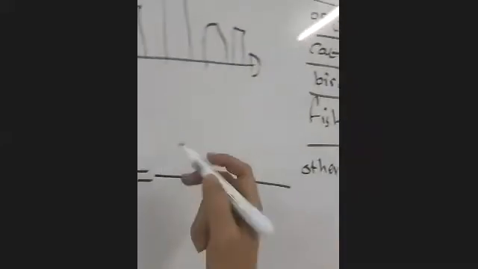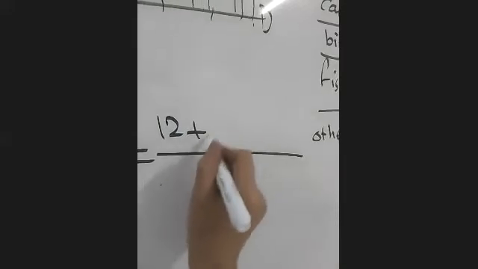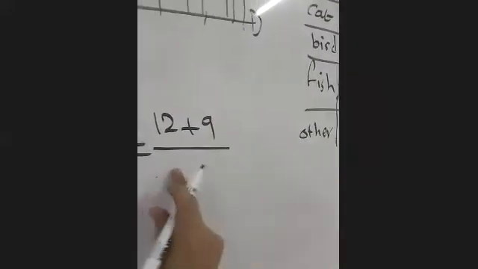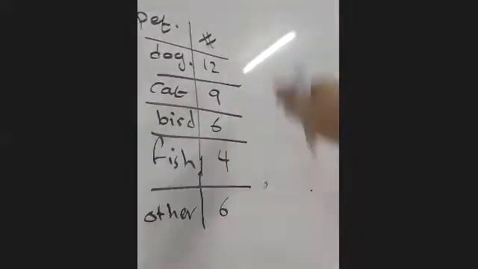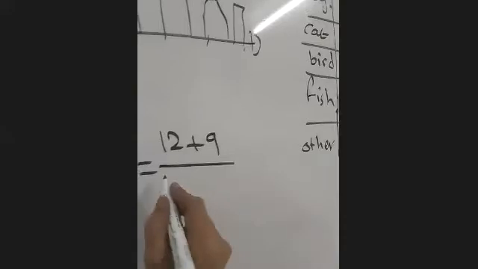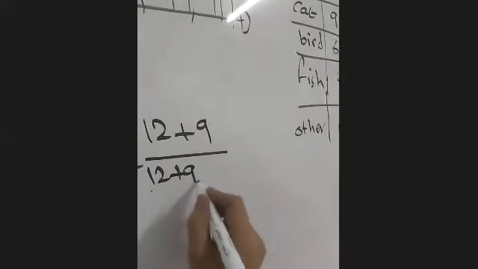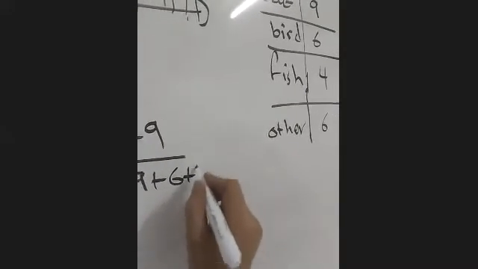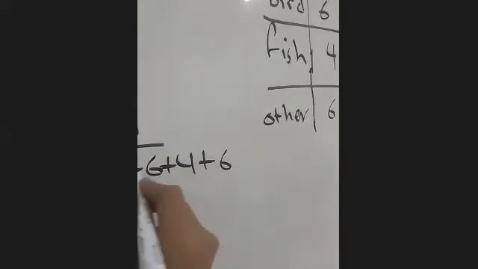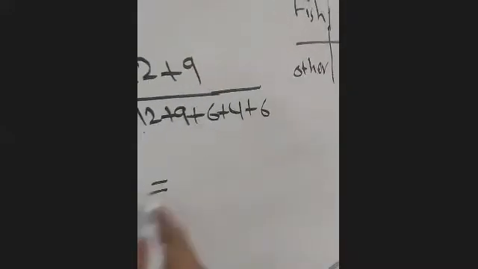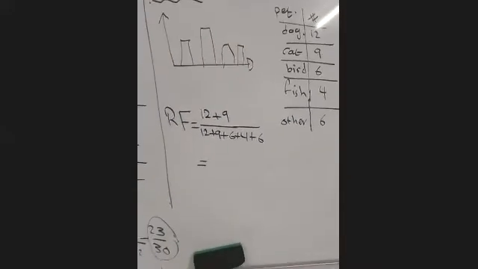So 12 plus 9, and down here, the total number of them: 12 plus 9 plus 6 plus 4 plus 6. Up is equal to 21.